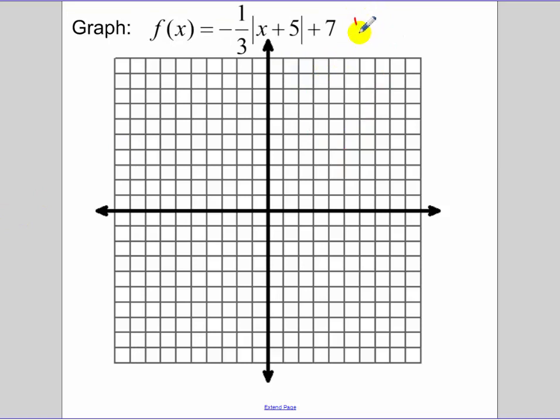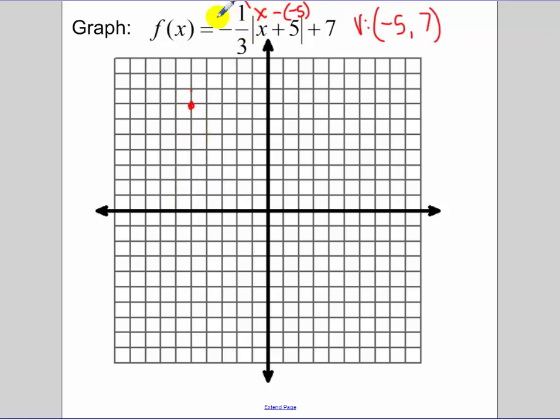Now here, put it in standard form, so you have to make this x minus a negative 5. So our vertex is (-5, 7).